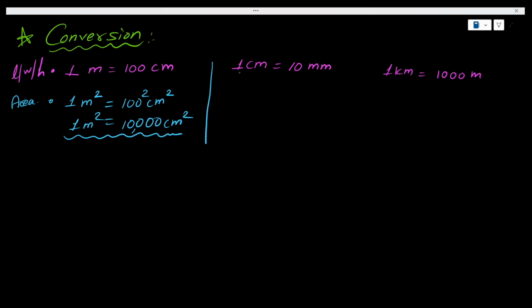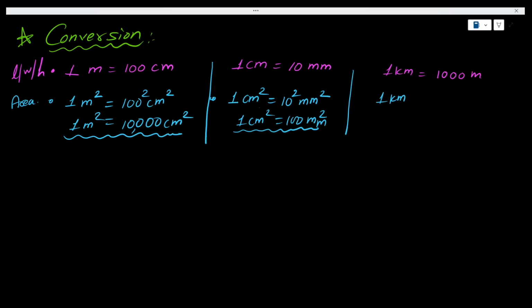Similarly, for length, 1 centimeter is 10 millimeter. For the area, it will be 1 square centimeter on the left, and on the right side it will be 10 squared square millimeter, which is nothing but 100 square millimeter. So for the conversion, 1 square centimeter, I should remember, is 100 square millimeter, not 10 square millimeter. Similarly, 1 square kilometer will become 1,000 squared square meter.